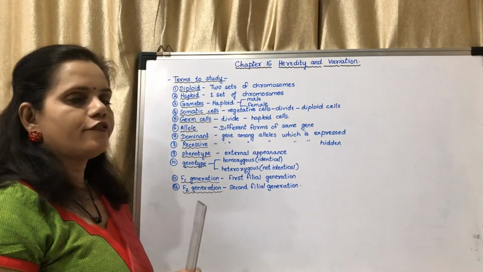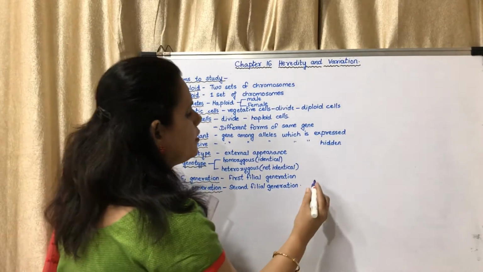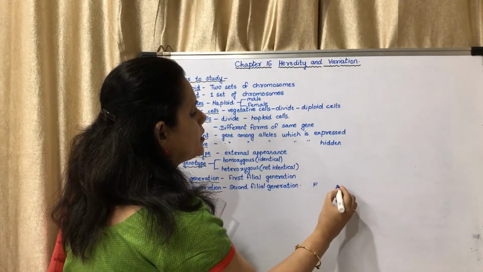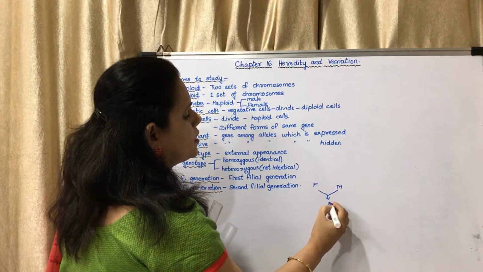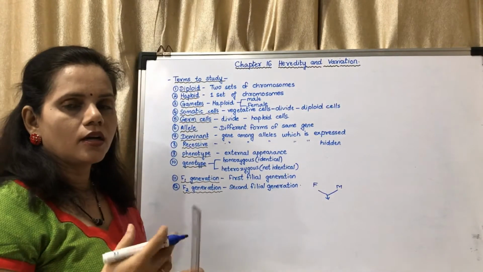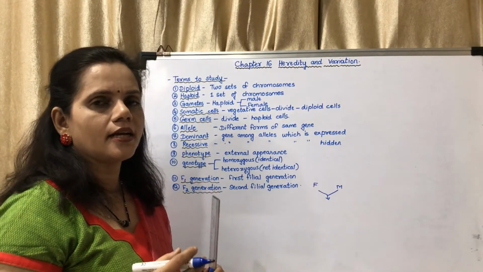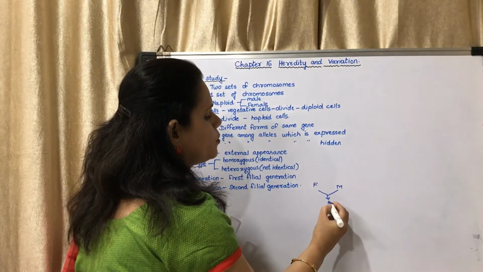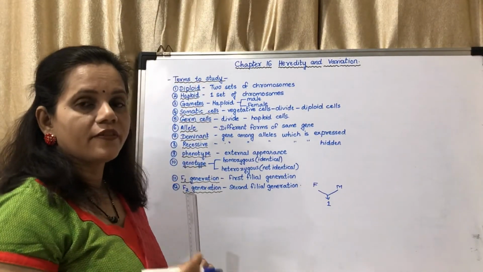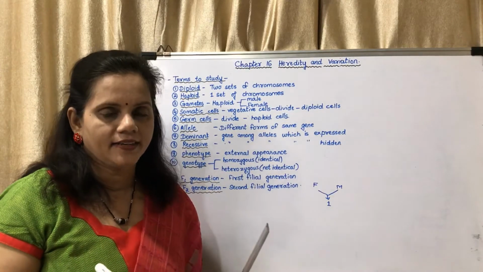Now what is the F1 generation? There is one father, one mother, and their generation. Whatever, a boy or a girl, their child; consider they are having only one child. That is said to be first. Where are we calculating from?